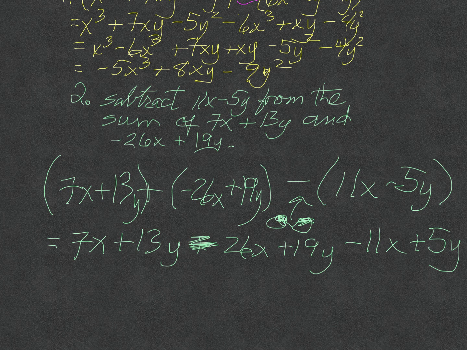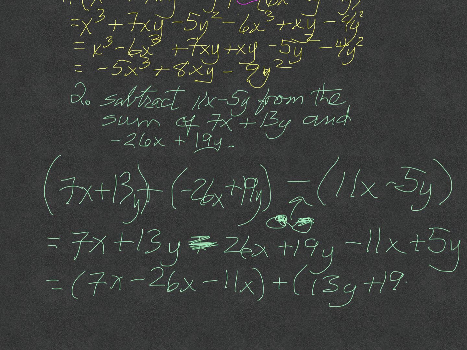Now that I have this, I can group things. So 7x minus 26x minus 11x plus then 13y plus 19y plus 5y.